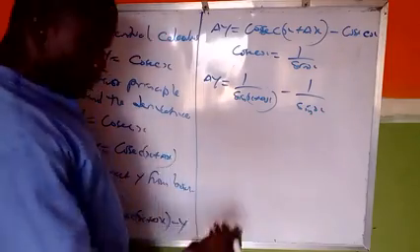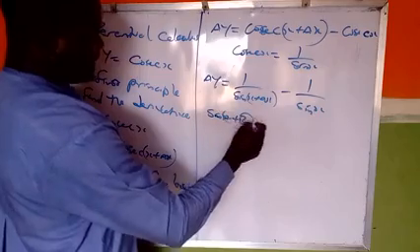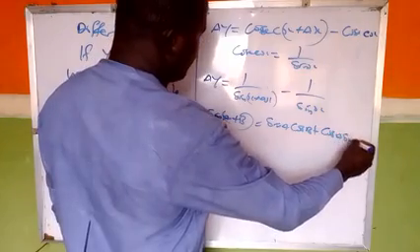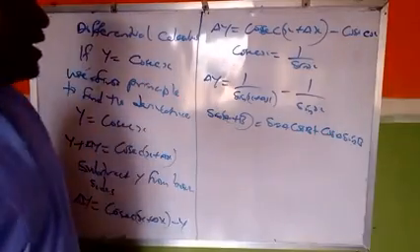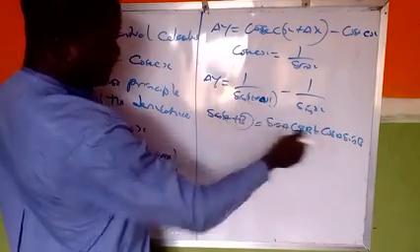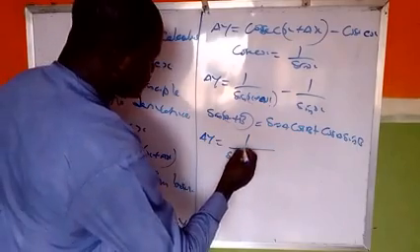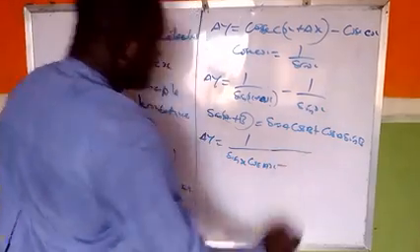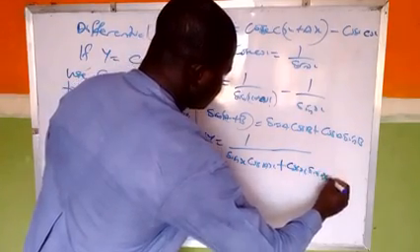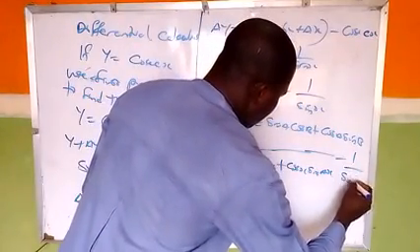So you treat this one first: sine of A plus B equals sine A cos B plus cos A sine B. Here you replace this one: A will represent x, and delta x will represent B. So you will have change in y equals 1 over sine x cos change in x plus cos x sine change in x, then minus 1 over sine x.